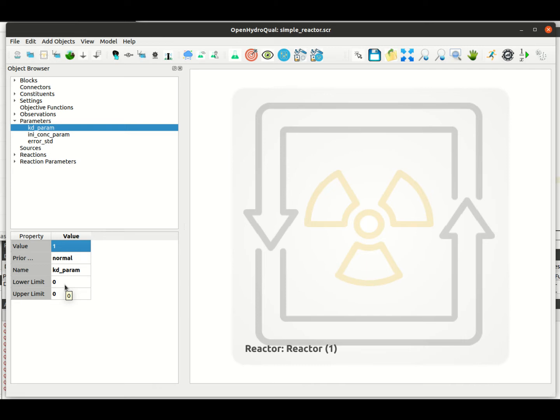In the case of probabilistic parameter estimation, the range is the 95% credible interval. So basically, OpenHydroQual assumes a prior distribution based on what I provide, and sets the parameters of that prior distribution so that the 95% credible interval is determined by the upper and lower limits.